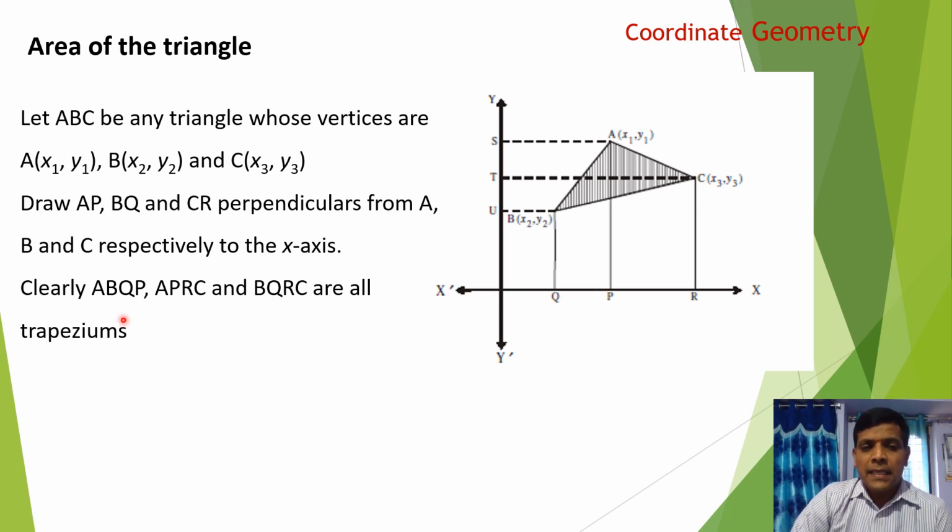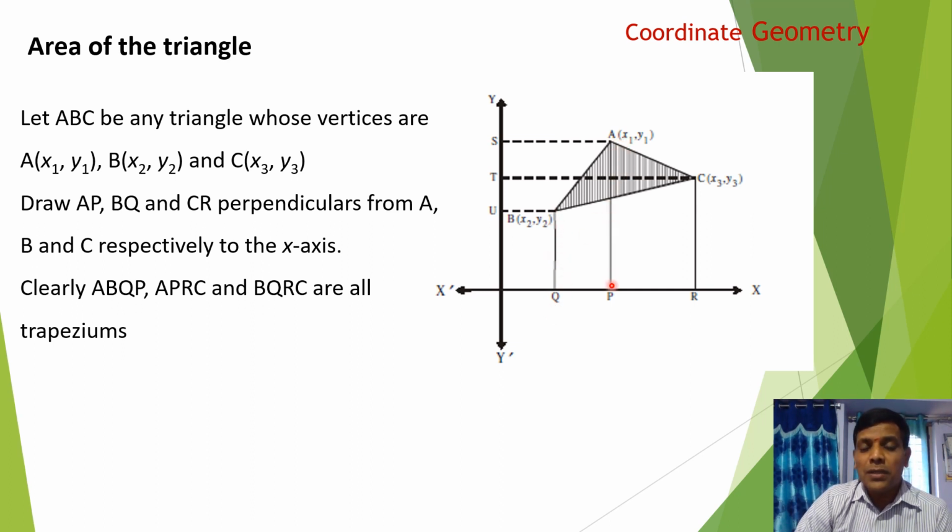Next, here ABQP is a quadrilateral, APRC is another quadrilateral, and the third one is BQRC. These are quadrilaterals, but these three are trapeziums, because BQ is parallel to AP.